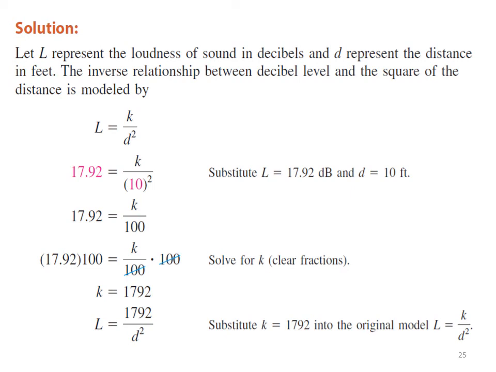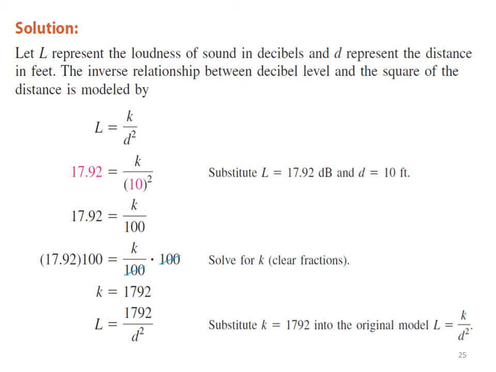When the distance is 10 feet, the loudness is 17.92. If I substitute that in the model, you have 17.92 is equal to K divided by 10 squared, or K divided by 100. K is equal to 100 times 17.92, so K is equal to 1792.